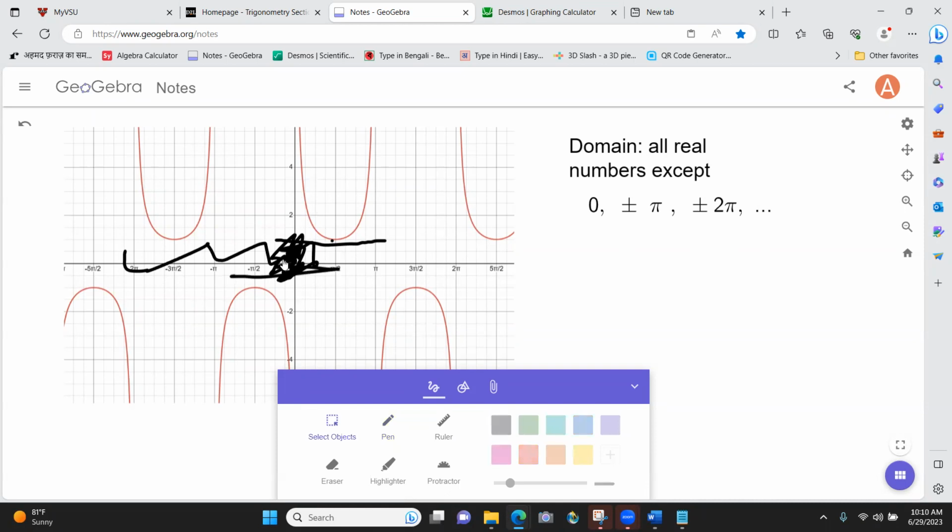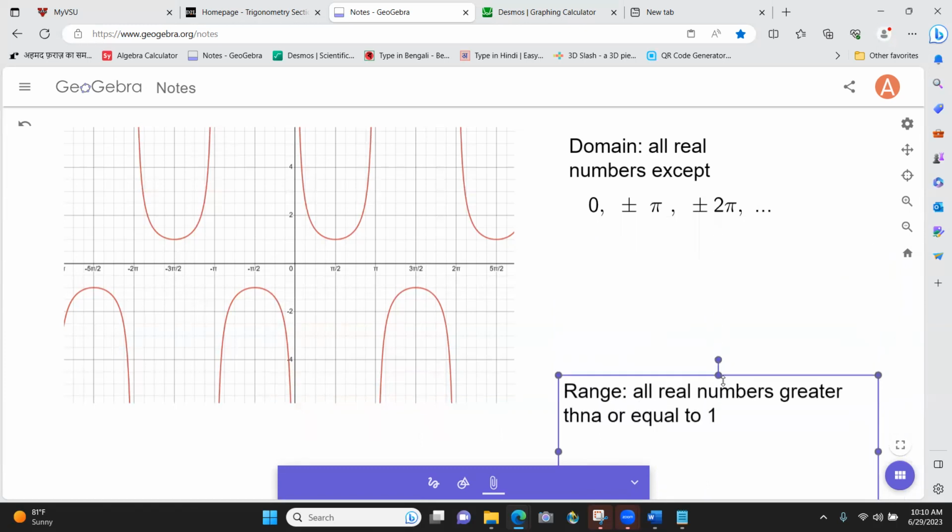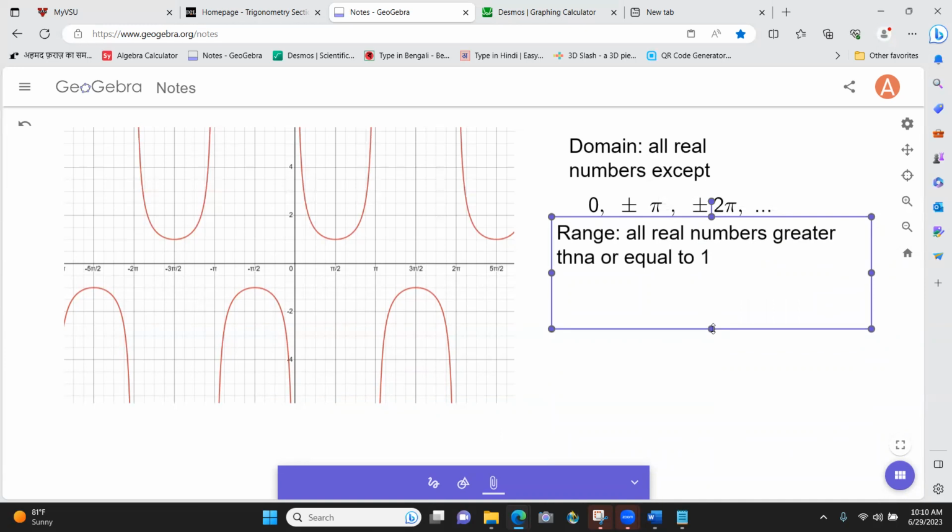So how do we write that nicely, mathematically? Range: all real numbers greater than or equal to 1, and I'm going to make another text box, or all real numbers smaller than or equal to -1.